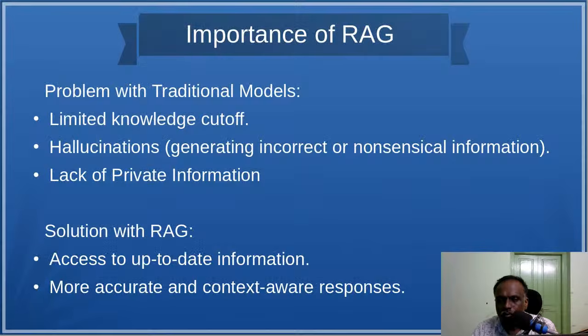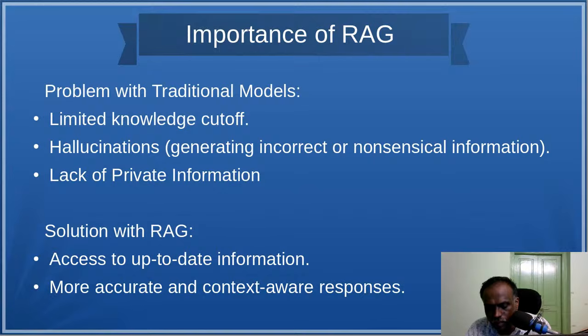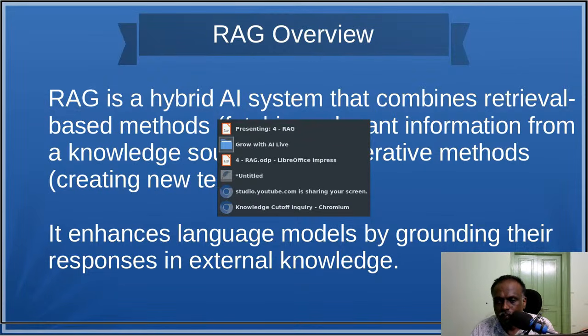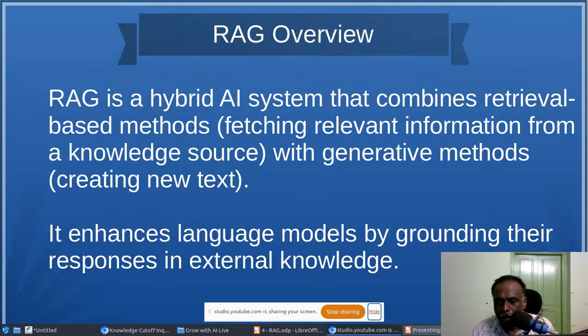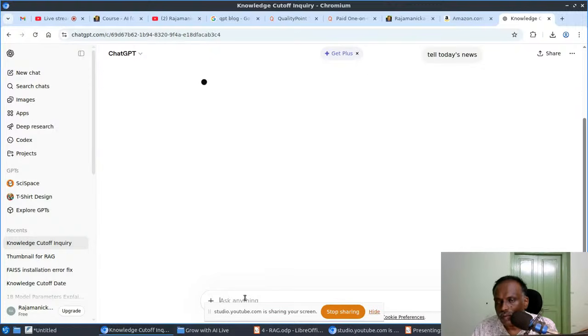So that is also some common confusion. Let me check that. Here it is saying August 2025 as the knowledge cutoff, but we can ask, tell today's news.